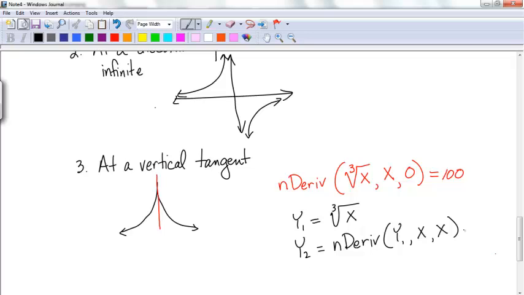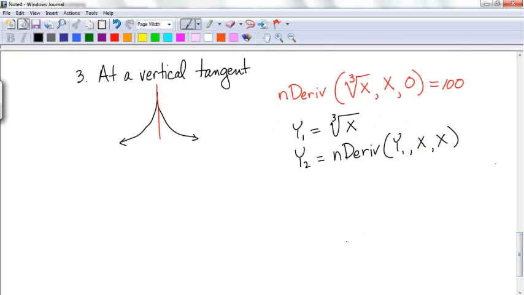Cube root of x. I turned off the axis already, but you'll end up with a graph that looks like this, for the cube root graph. If you figured the derivative at x equals 0, it's going to be a vertical tangent. No derivative exists at x equals 0, so this is an error.